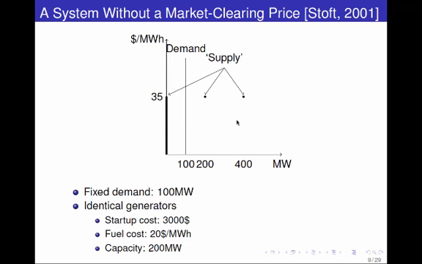And that creates complications. So now the source of this problem is the startup cost, this non-convex cost. So what to do? How to change the rules to make this work as well as possible.